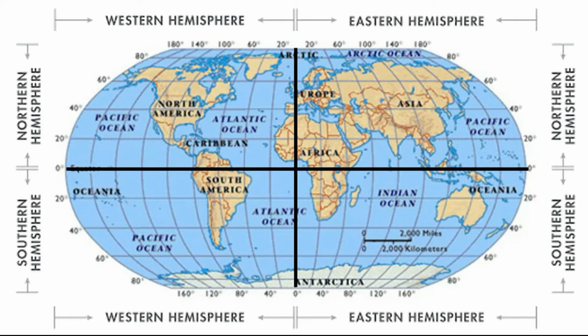Now we get to the point where we're discussing coordinates. And it can be a little complicated, but if you understand the equator, the prime meridian, latitude lines, longitude lines, all four of the hemispheres, and the fact that this is pronounced 60 degrees, 180 degrees, if you understand all of those things, then this shouldn't be too tough.